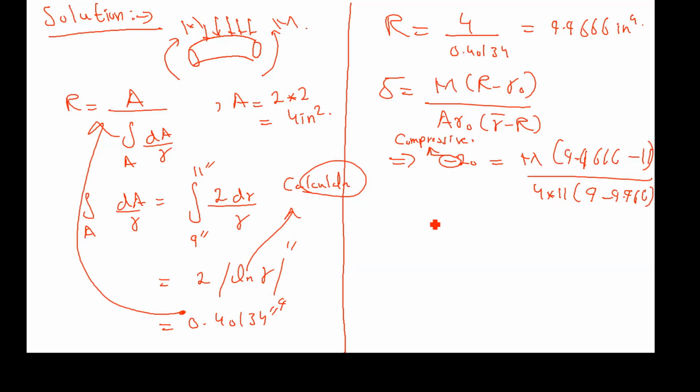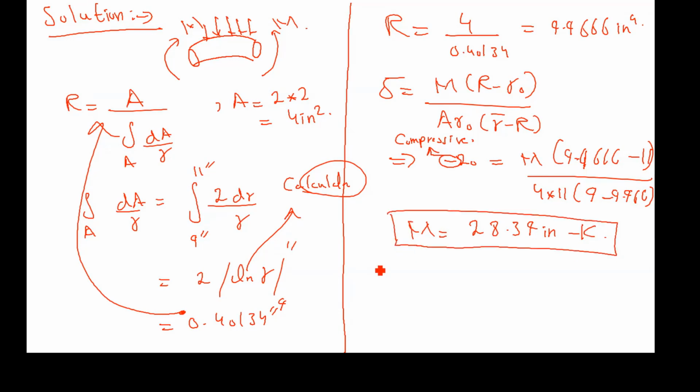So we will get this value as M equal to 28.39 inch kip. This is going to be the value for moment.